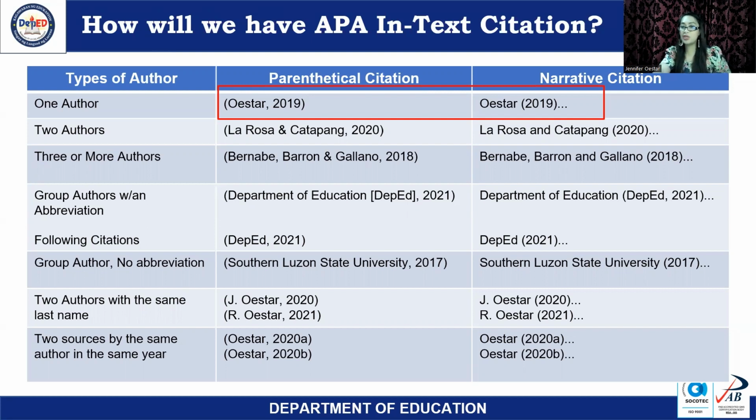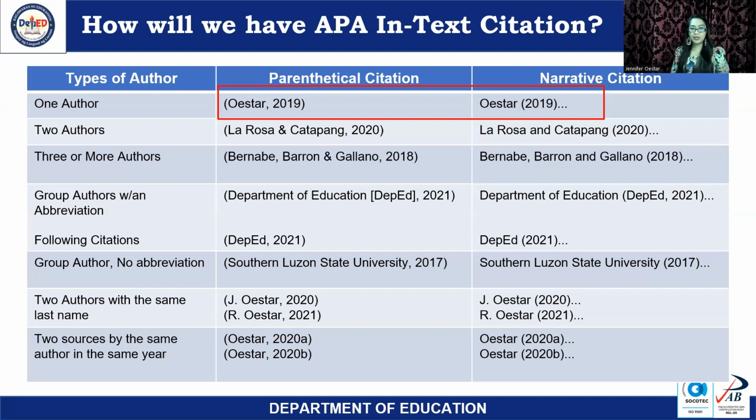And in narrative citation, the reference is part of the statement or the information. Okay. So here, one author, Ostar, 2019, and for the narrative, Ostar, parenthesis, 2019. You can just look at the examples.